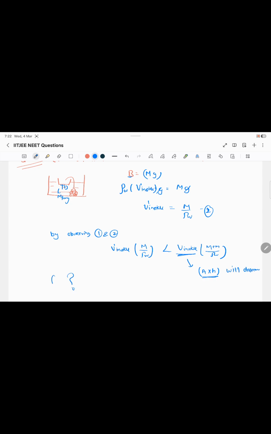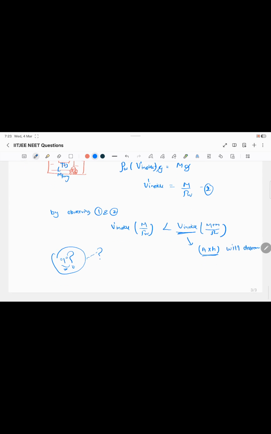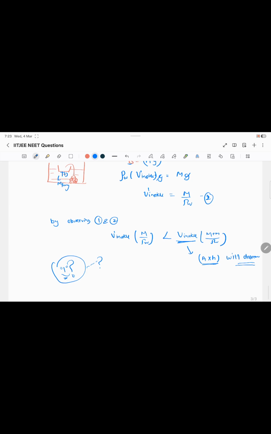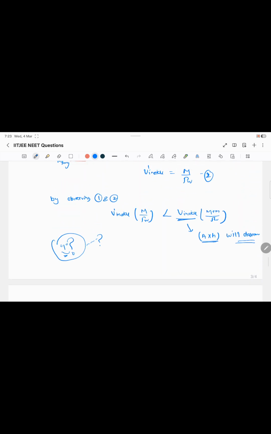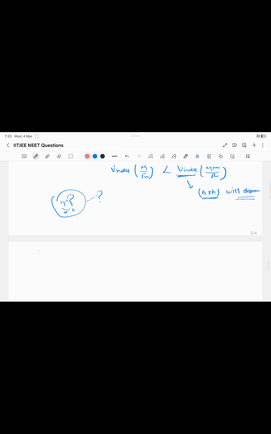But there is a question: is what we are solving correct or not? Actually the answer will be correct, it will decrease, but we are left with something. You should know what will happen if stones are inside water.